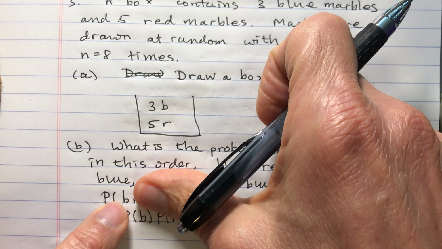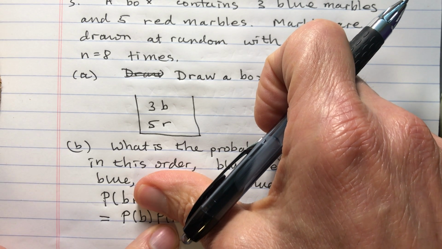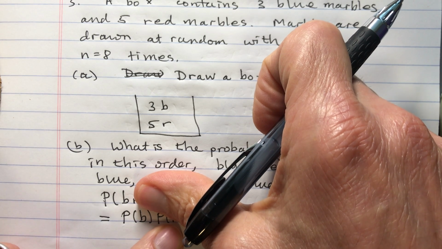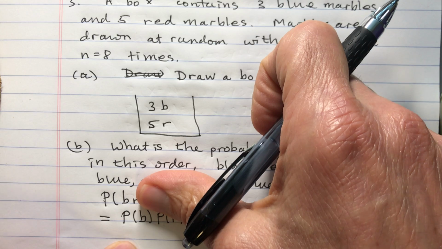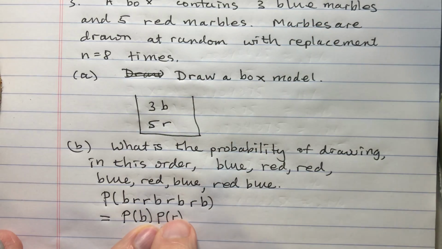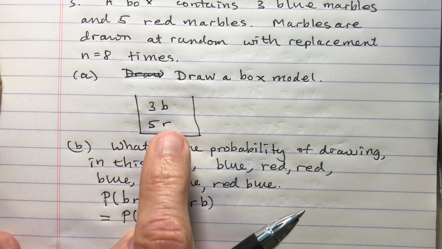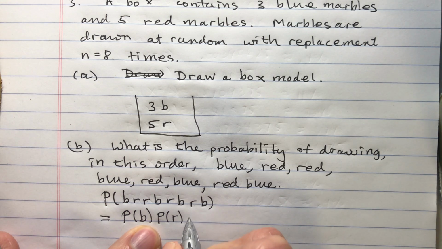You multiply the probability of getting the first marble times the probability of the second drawing of getting that red. So if you have 2 successive things that are happening, you multiply the probabilities. The box does not change each time because we're replacing the marbles after we draw them.